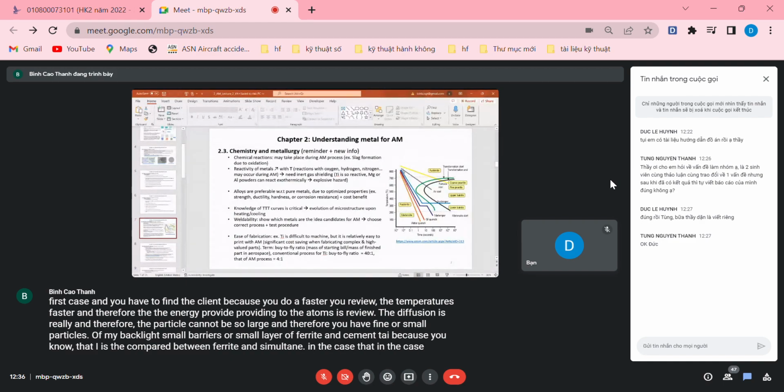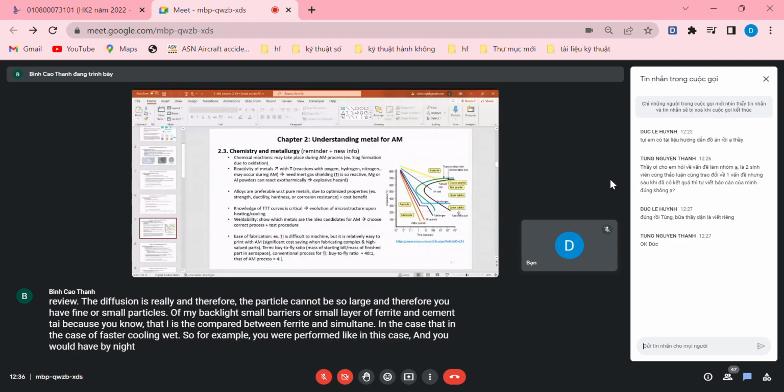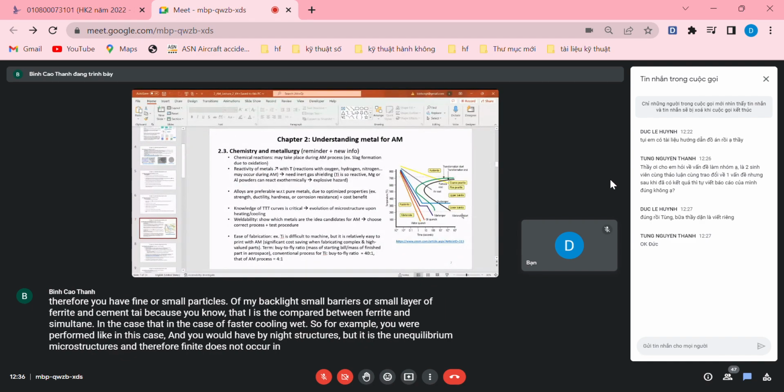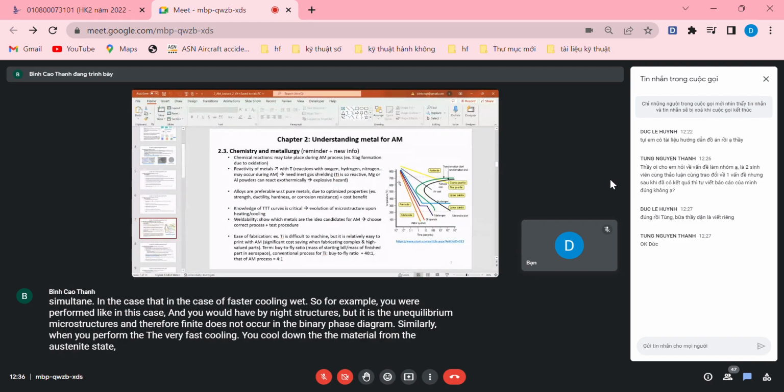In the case of a faster cooling rate, for example, you perform austempering like in this case, and you would have bainite structures, but it is a non-equilibrium microstructure, and therefore bainite does not occur in the binary phase diagram. Similarly, when you perform very fast cooling, you cool down the material from the austenite state very fast.